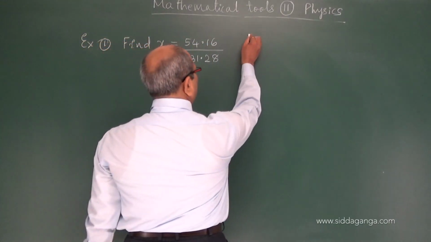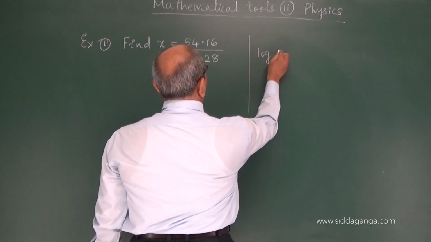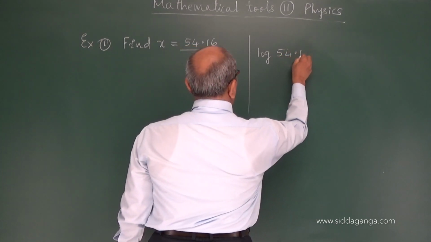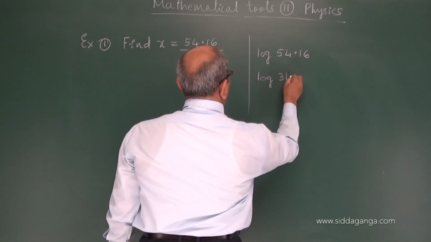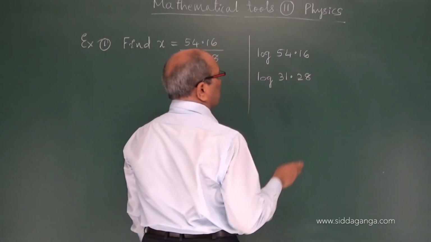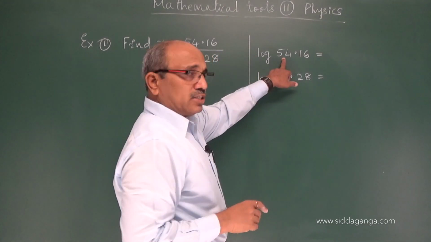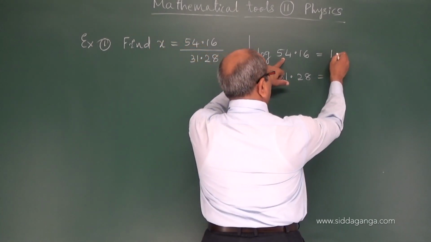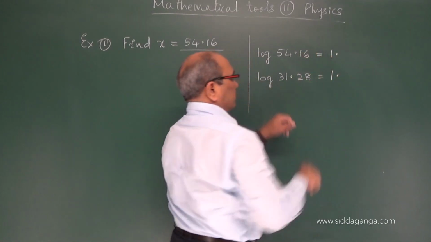The procedure is that you have to find the log of 54.16 and the log of 31.28. Here there are 2 digits, therefore the characteristic is 1. Here also 2 digits, the characteristic is 1.